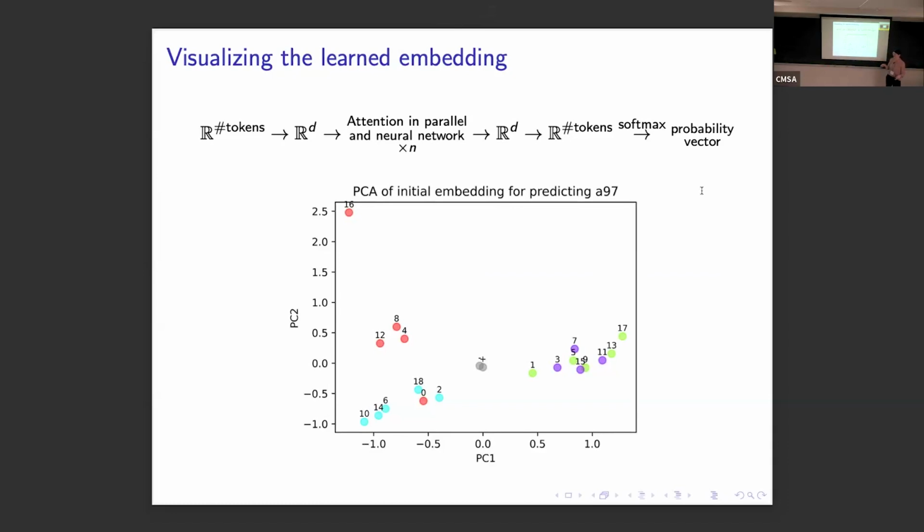Technically, it's a larger dimension vector space, but when we take the two-dimensional principal component analysis and look at it, we see a pretty nice picture. I really liked it. On the one hand, it seems like the plus and the minus tokens are smack in the middle at 0, 0. It doesn't really learn to distinguish them at all.